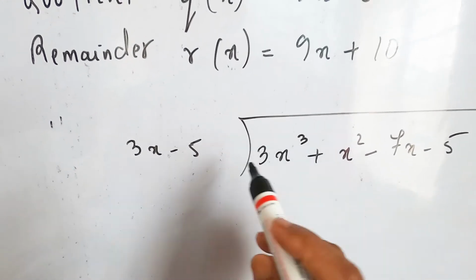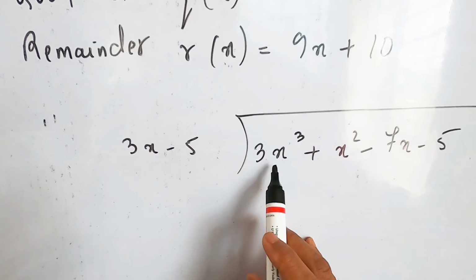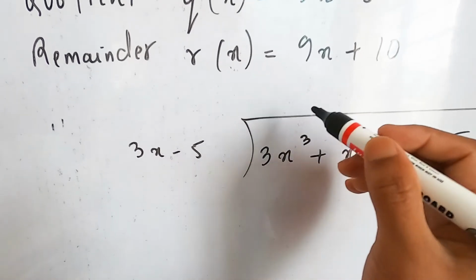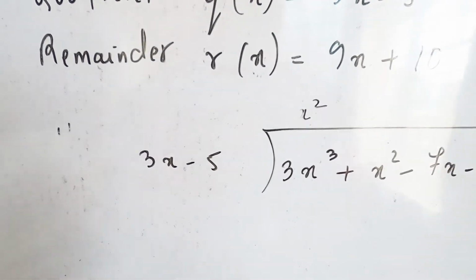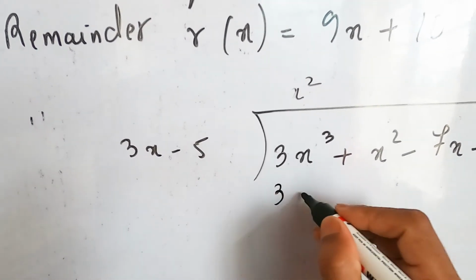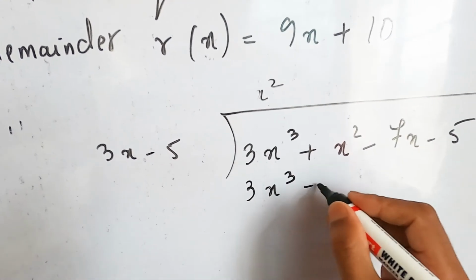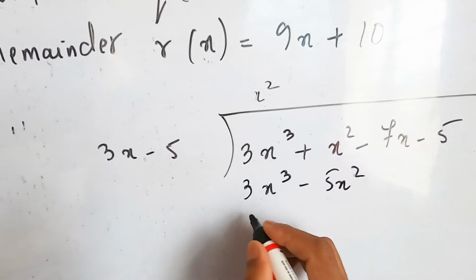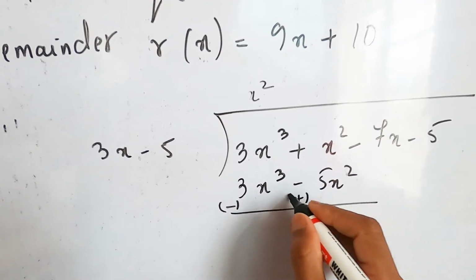So 3x into which term will we get 3x cubed? 3x into x square. All right, so it will be 3x cubed. Now minus 5 into x square will be minus 5x square. So the sign convention will be minus, here will be plus.